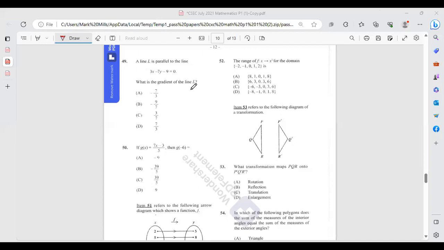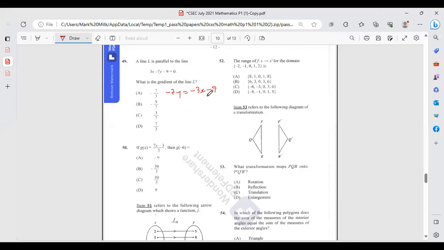Okay, so how do I write the gradient of this? Now I need to rewrite this equation. What will I do? Sir, negative 7y equals negative 3x minus 9, because it's positive when it comes to negative, right?